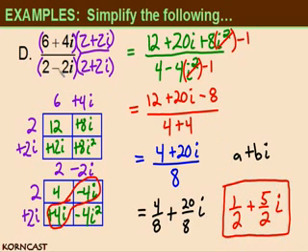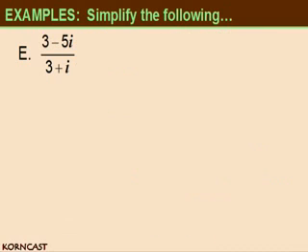So remember, when you divide two complex numbers, you must multiply the numerator and denominator by the conjugate of the denominator. That product can be simplified into an expression in complex number form. In example E, again, I want to simplify this expression.